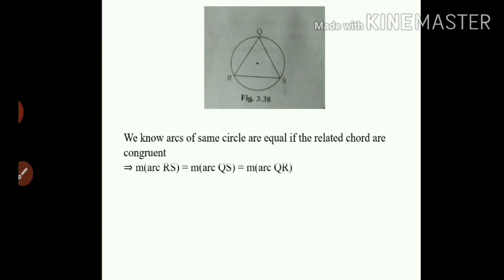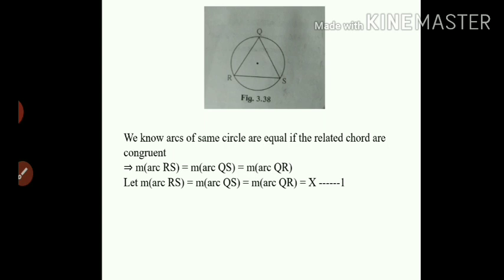So measure of arc RS is equal to measure of arc QS is equal to measure of arc QR. Let the measure of arc RS, arc QS and arc QR be X. Let that be my statement number 1.